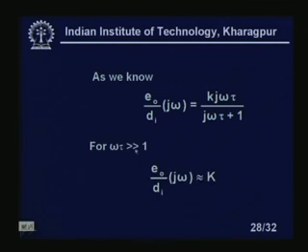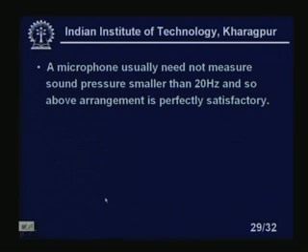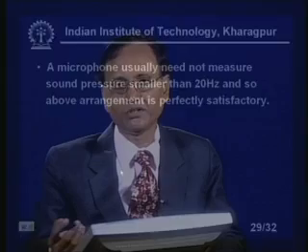For omega tau much greater than 1, instead of omega I am writing omega tau, E naught by di equals k. So, a microphone usually need not measure sound pressure below 20 hertz, because usually we talk between 20 hertz to 20 kilohertz. That is the reason all musical instruments are also within this range, 20 hertz to 20 kilohertz.